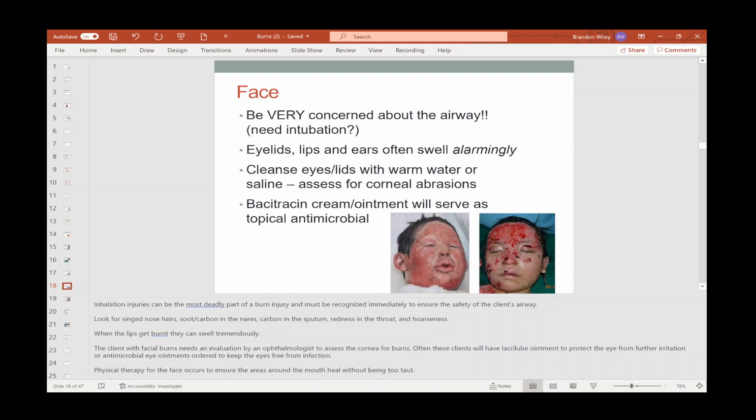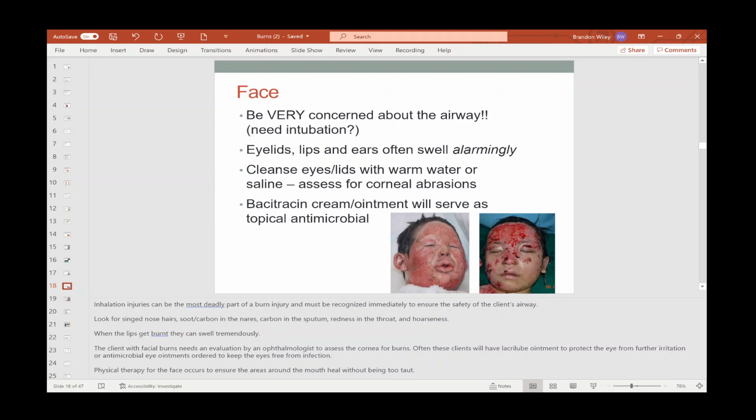hoarseness. If they're talking to you and they're hoarse, if they've gotten a stridor, we're behind the 8 ball. But if you are talking to your patient and they're very hoarse and they have singed hairs anywhere, they've got cherry red lips, their nose is really red, you better intubate that patient now. You have a very limited time to put that airway in.